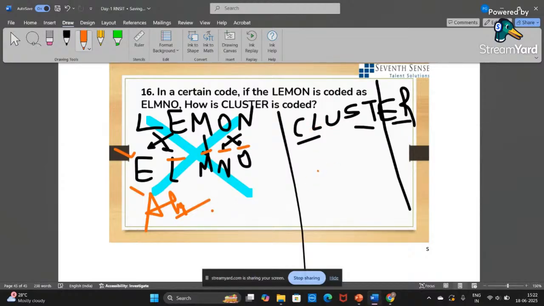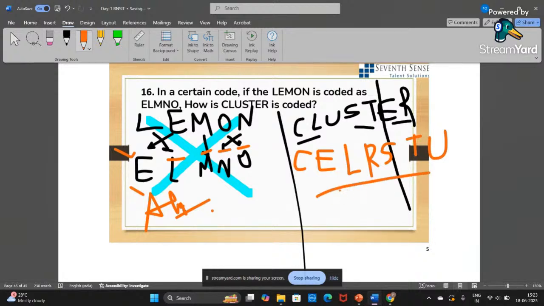See, first it will be C in alphabetical order. C will be at first. Then after C, it will be E. After that, L. R. After that, it is S. T. This is the right answer.